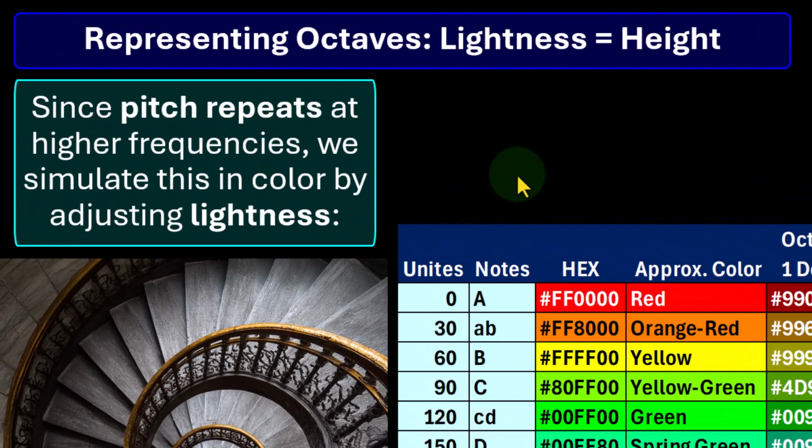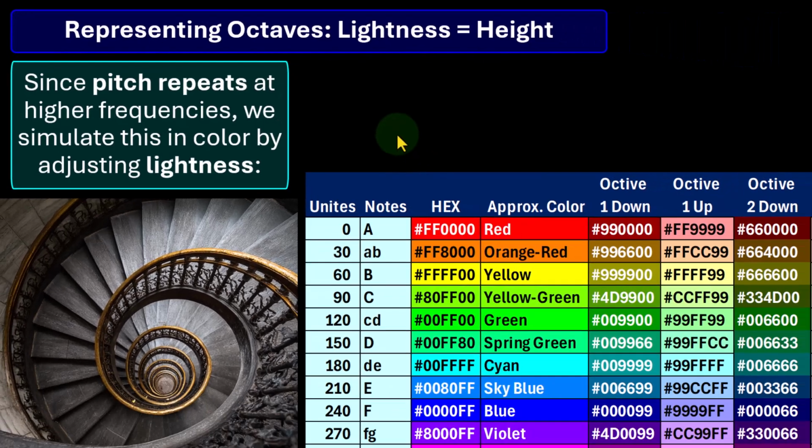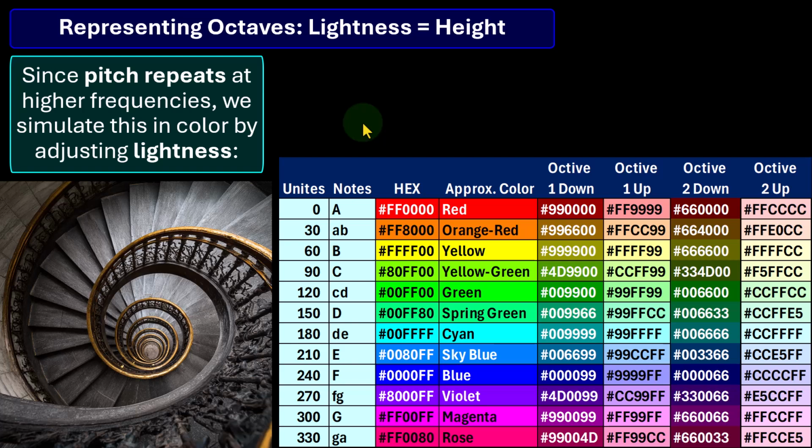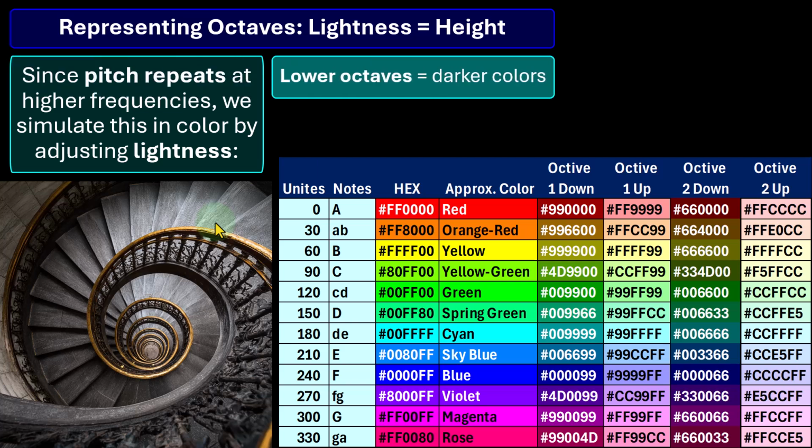Now, we can't naturally do it with color because we said that color doesn't have that repetitive quality as the length of the light gets longer. It's not like it repeats on itself the way it does with hertz, with pitch, but we can still do something. Since pitch repeats at higher frequencies, we simulate this in color by adjusting lightness. So in other words, these numbers are just really dealing with hue.